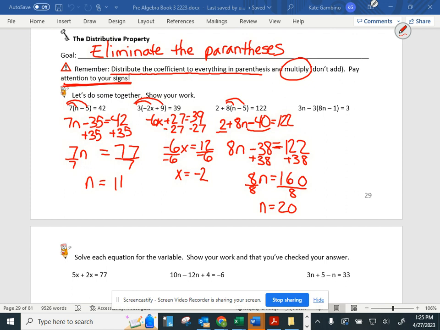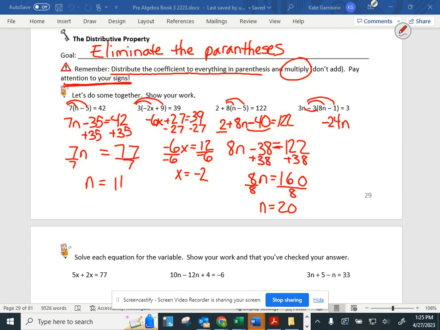Last one, first thing we do is our distributive. Is this a 3 I'm going to be multiplying by? Negative 3. Keep that sign with it. So negative 3 times 8n is negative 24n.